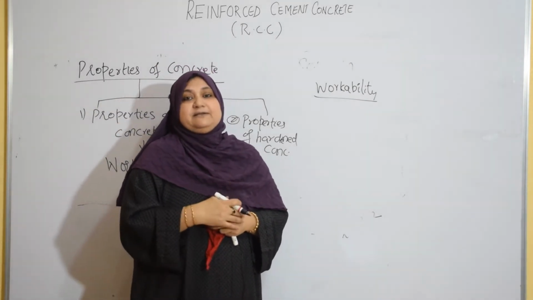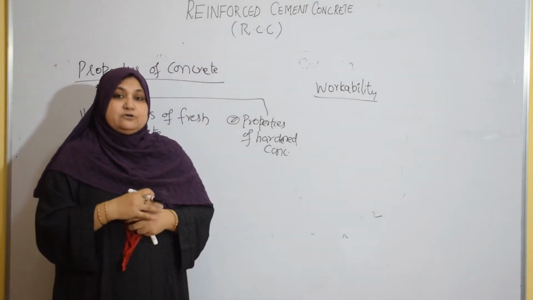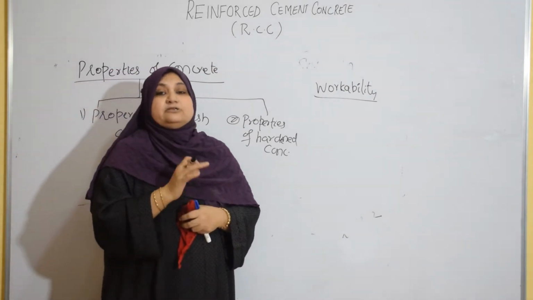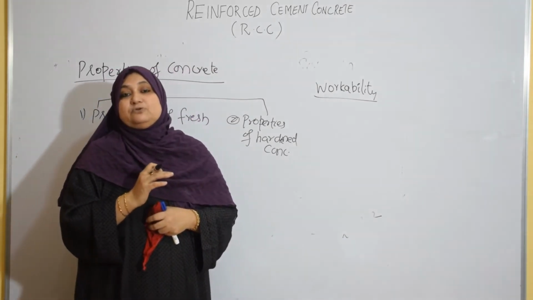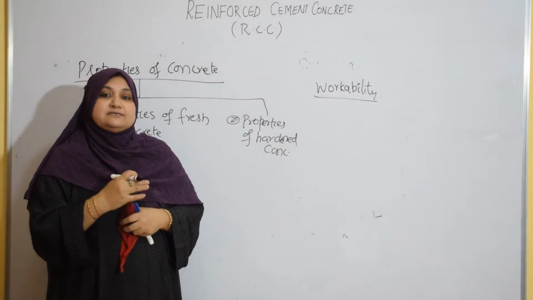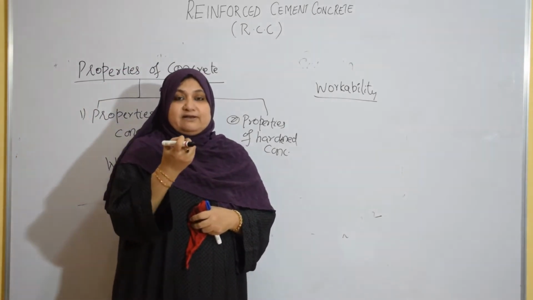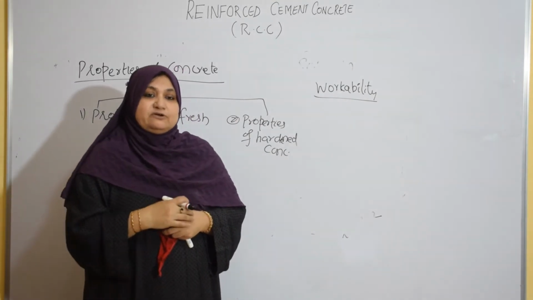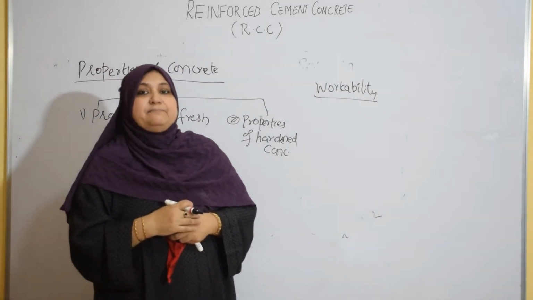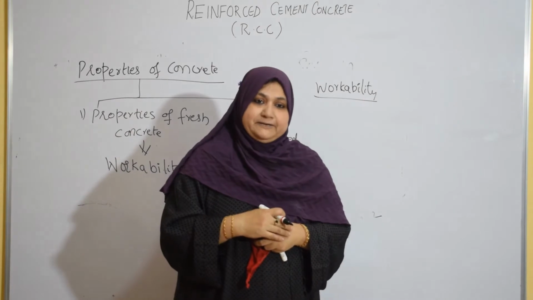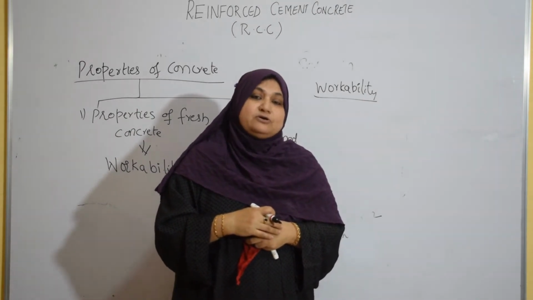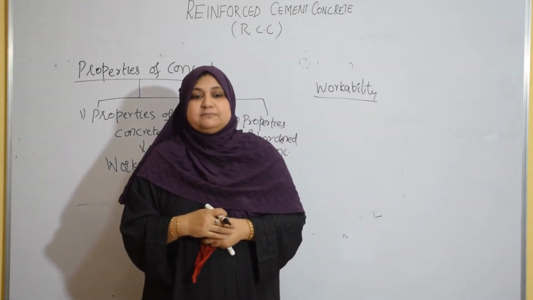That ability is called workability. In that fresh concrete, there should be no segregation and no bleeding. Segregation means separation of aggregates. Bleeding means excess water will drain out. I repeat, it is the ability of the fresh concrete to spread uniformly without segregation and without bleeding.